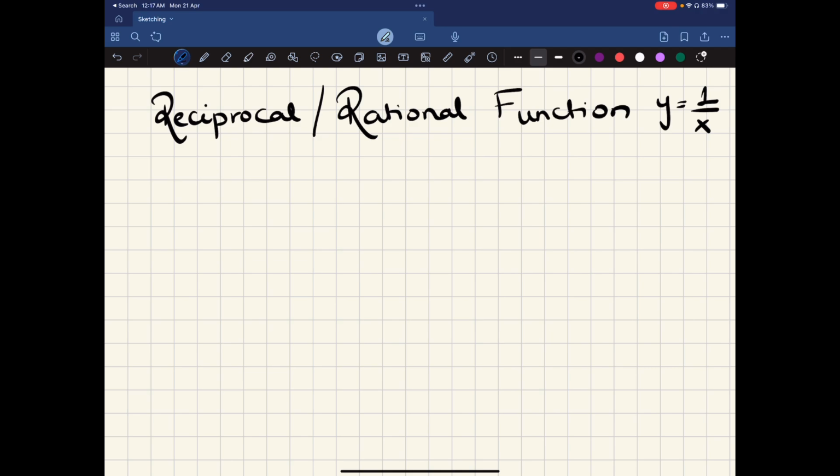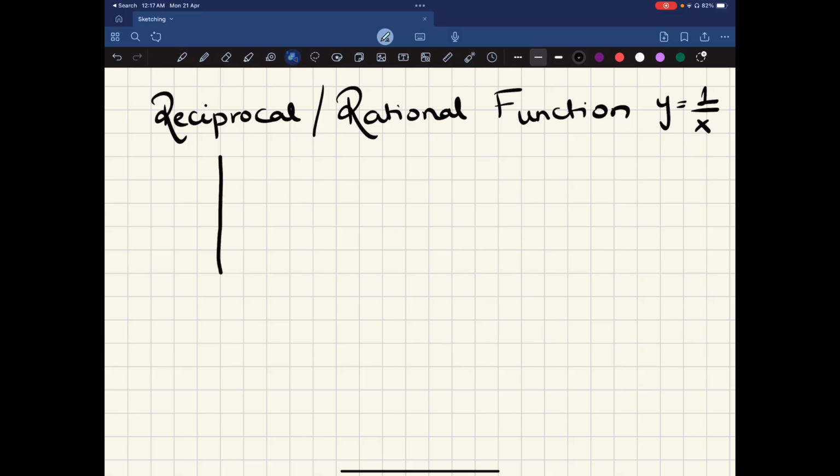Now just like with the straight line, there were 4 possible scenarios, right? You could have a vertical line, a horizontal line, upward slanting or downward slanting. So for reciprocal functions, I'm going to jot down the 4 most basic shapes of the graphs.